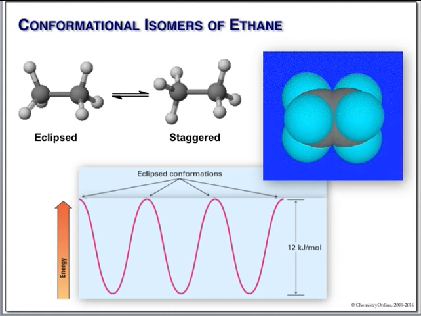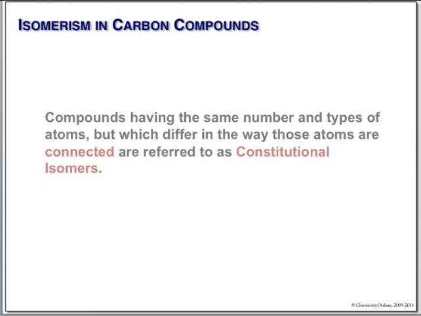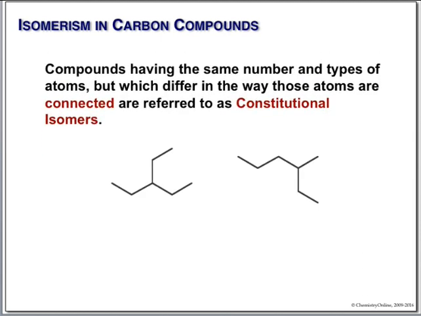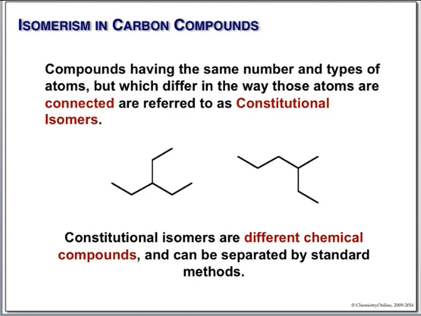But there's another type of isomer that we can separate. These are called constitutional isomers. So now that we know how to name things, look at our first molecule. What's our longest chain here? The second has 1, 2, 3, 4, 5 carbons, right?